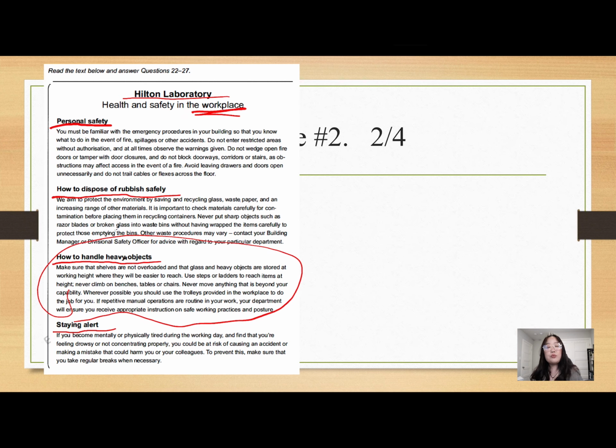So using the previewing and predicting skill will give you an idea of where to find specific information, because now you have an idea of the skeleton of this article. So that's the first way to use previewing and predicting skill.